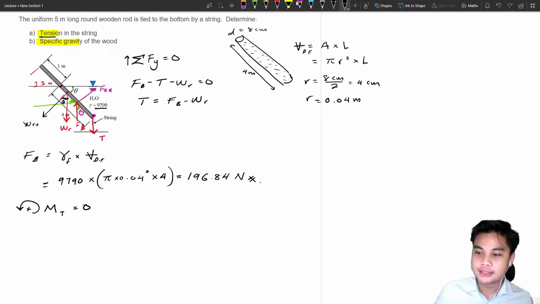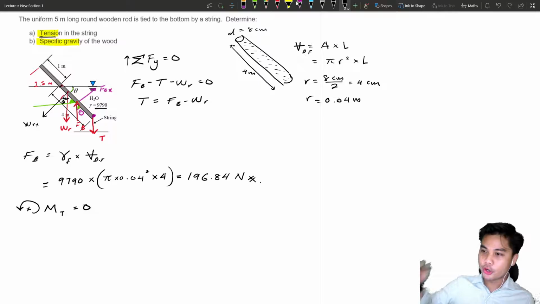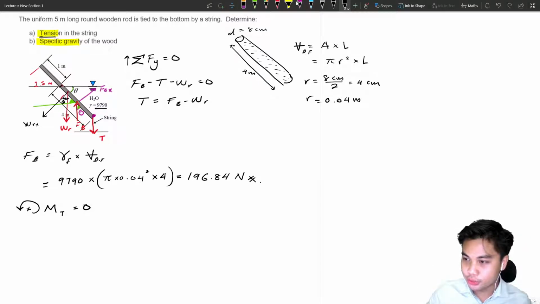For the summation of moment, we do it at point T. So start with the FBX. FBX, follow from point T to the FBX, what's the distance here?